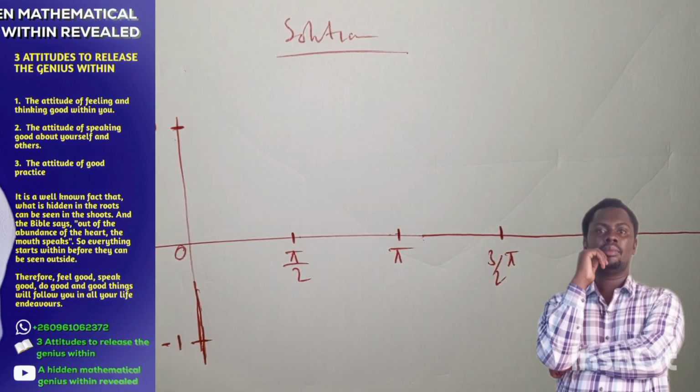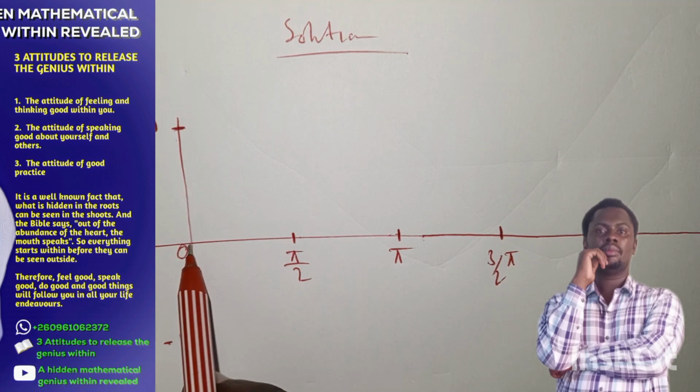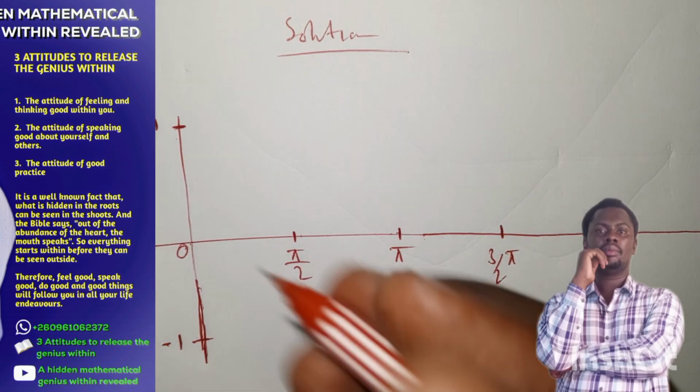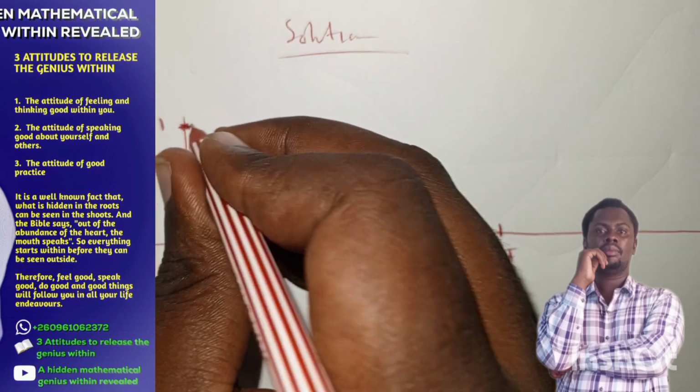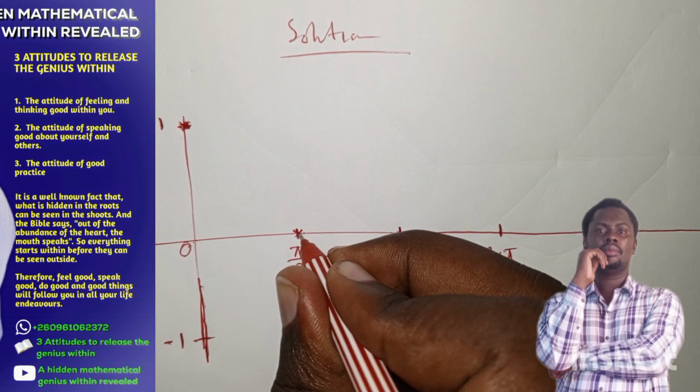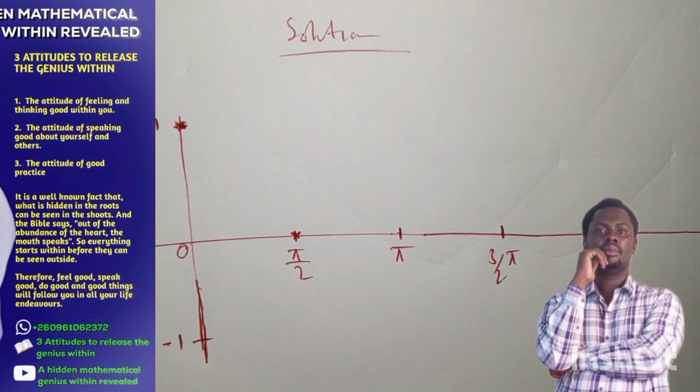Okay, so we are starting with cos x. y is equal to cos x. Always remember that cos x starts from 1. What is cos of 0? Cos of 0 is 1. So our first point is 0, 1. Then cos of pi over 2, that is cos of 90, is 0. So that's our point, pi over 2, 0.